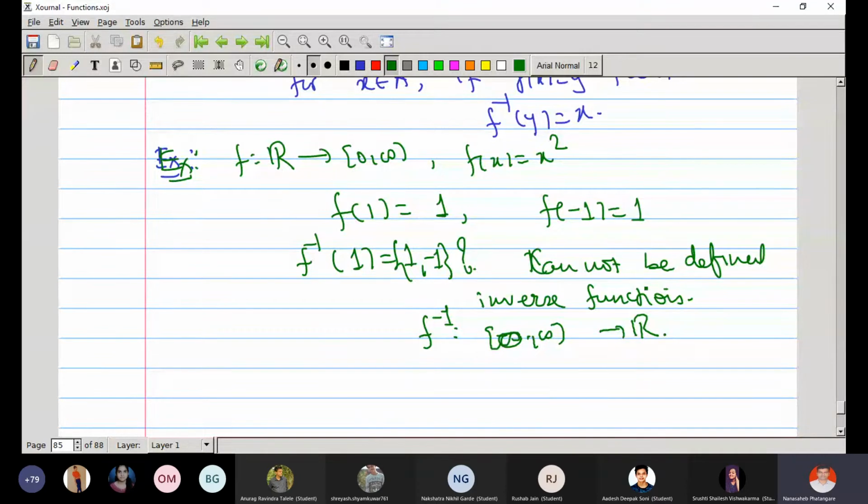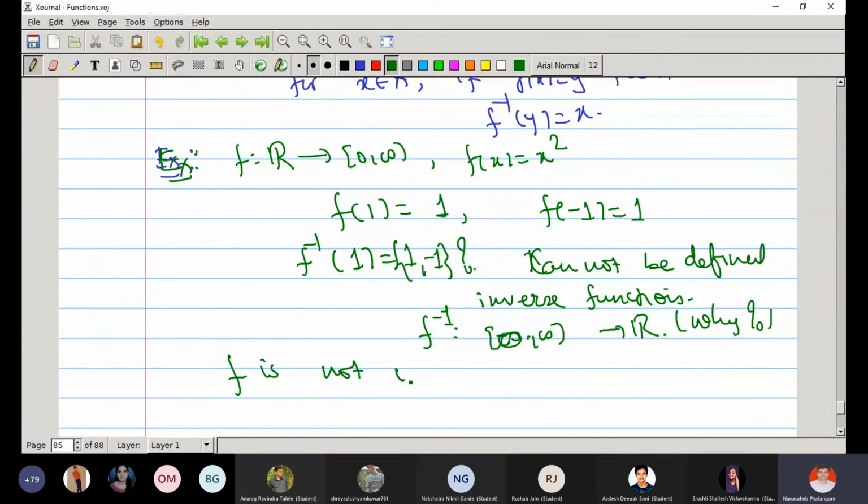What is the problem here? The problem is f is not 1-1, right? Because there are two distinct elements in the domain of f which have the same image, and if you try to define the inverse function, there is a problem. What should be the preimage?